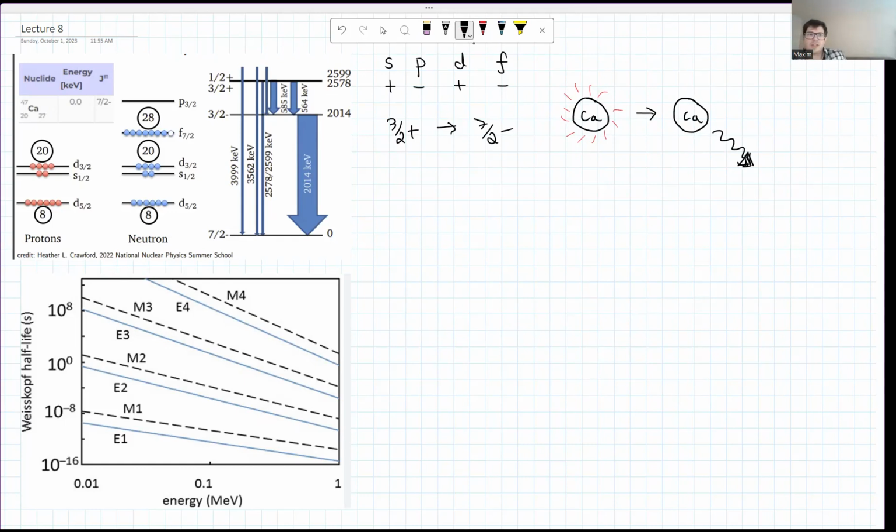Now, the thing is, the photon actually takes away some angular momentum with it. And a photon is a boson, meaning it's got angular momentum quantum numbers that are integers, whole integers, not half integers.